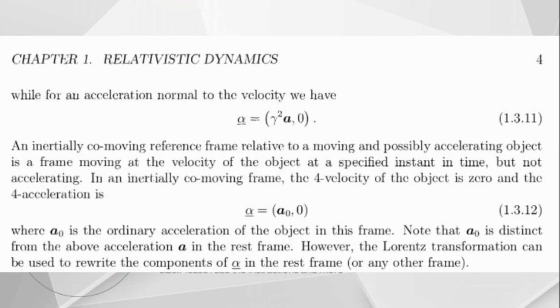In an inertially co-moving frame, the 4-velocity of the object is 0 and the 4-acceleration is this formula, where a0 is the ordinary acceleration of the object in this frame. Note that a0 is distinct from the above acceleration a in the rest frame. However, the Lorentz transformation can be used to rewrite the components of a in the rest frame.